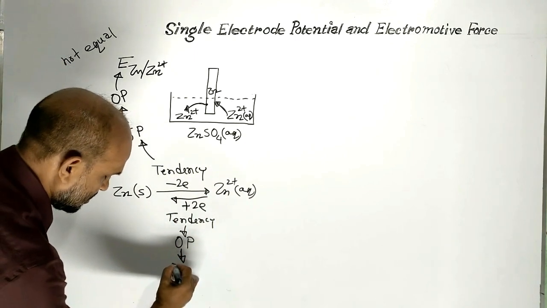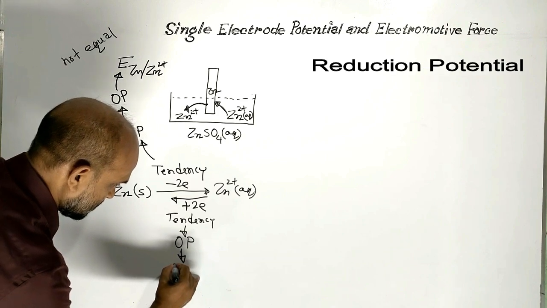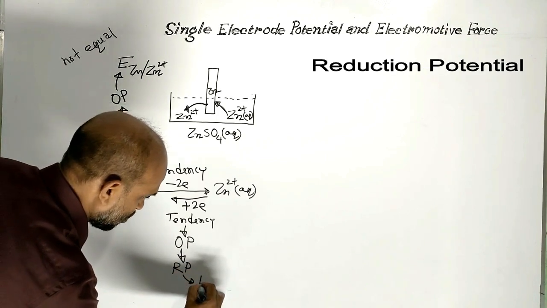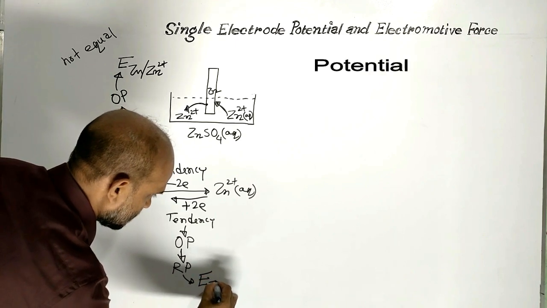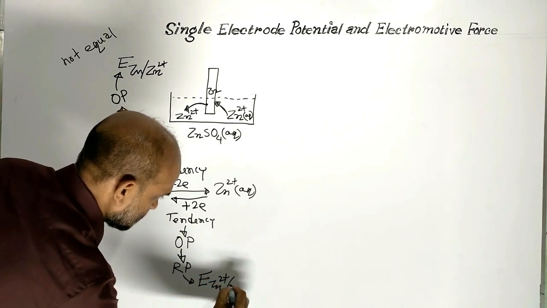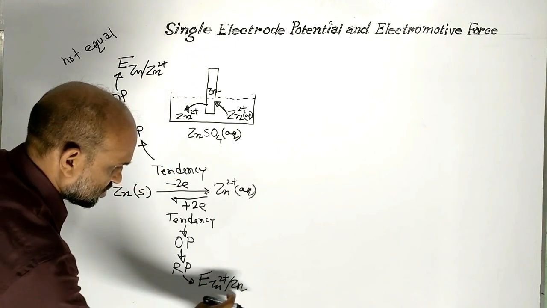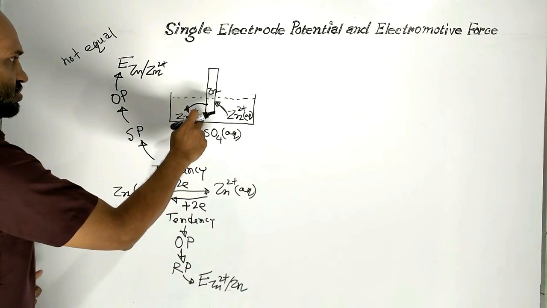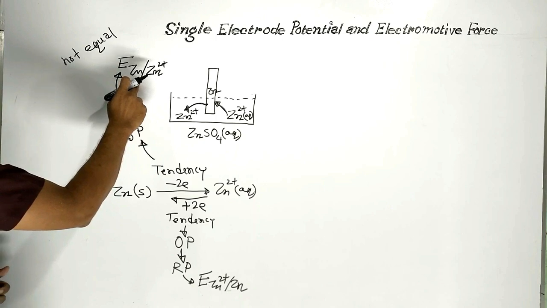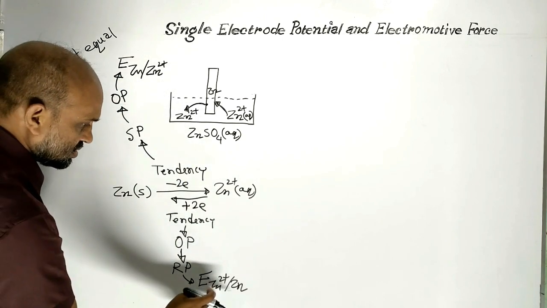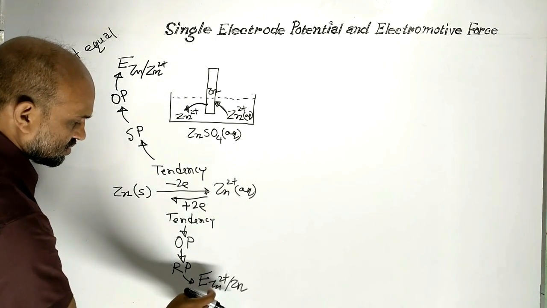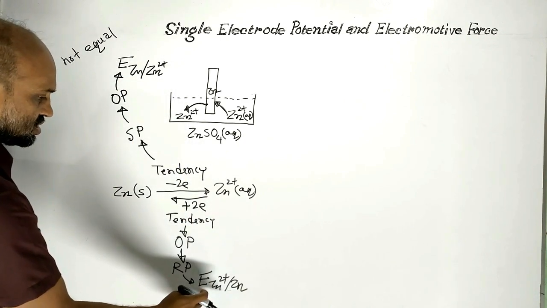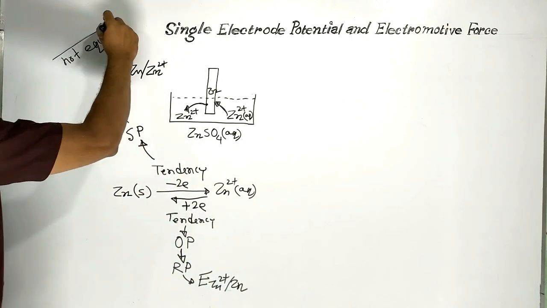So this is reduction potential, which is denoted by this. At a time, oxidation potential and reduction potential happen, but these two potentials are not equal.